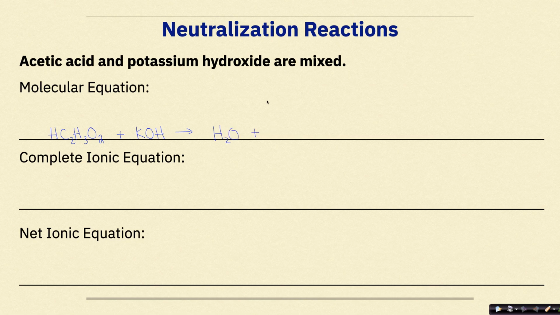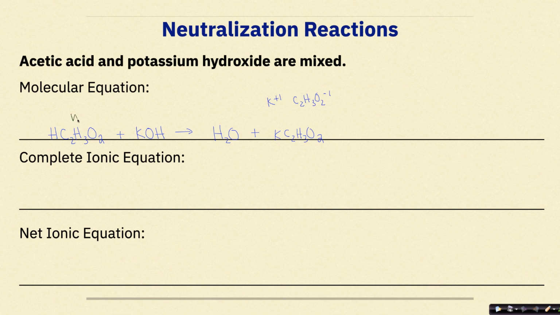And then I have K+ with C2H3O2 -. The plus 1 and the minus 1 are going to cancel each other out. So KC2H3O2. And if I look through this, I actually don't think I need to balance it at all. I think it is already balanced, so that is great.